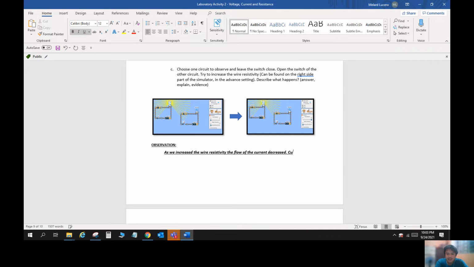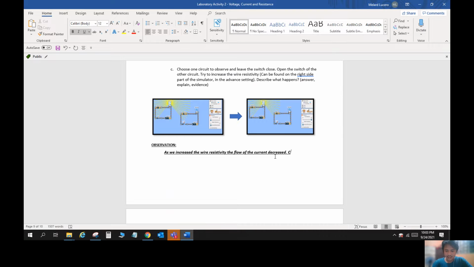the current. So, parang by explanation, yung as we increase yung resistivity, bumababa yung current natin. So, parang ano siya, inversely proportional.